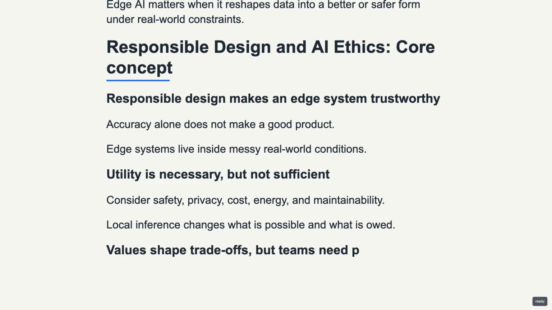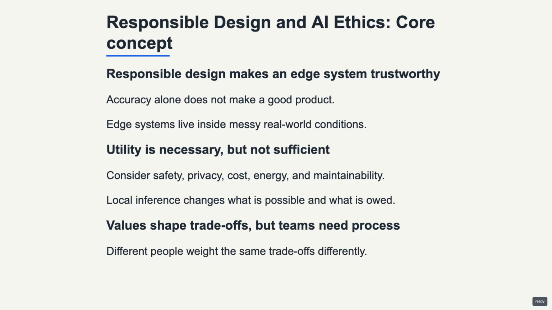Different groups will prefer different outcomes, and that is normal. The important part is making those preferences explicit so the team can design with them instead of pretending they do not exist. One user may want privacy even if it costs more. Another may care more about simplicity, lower power, or fewer service visits.